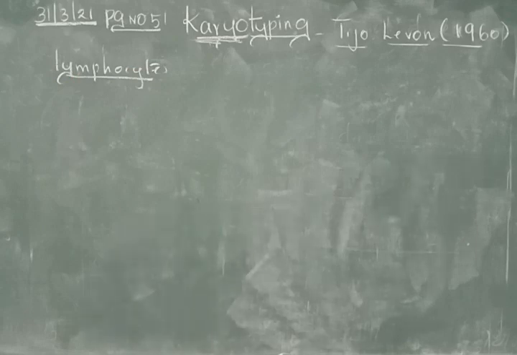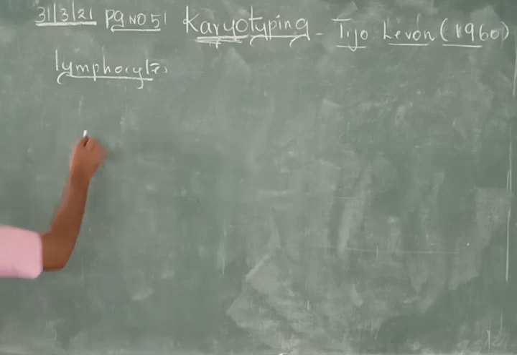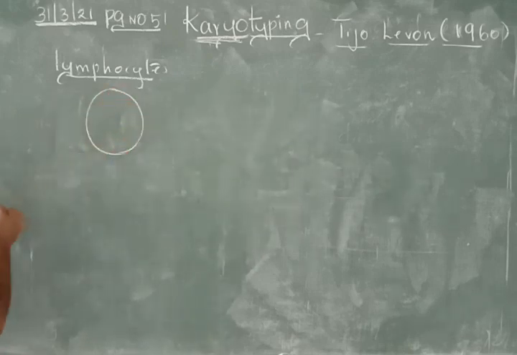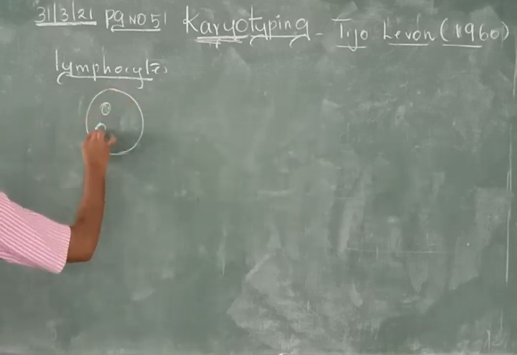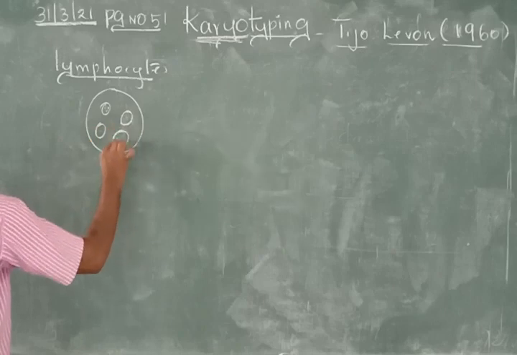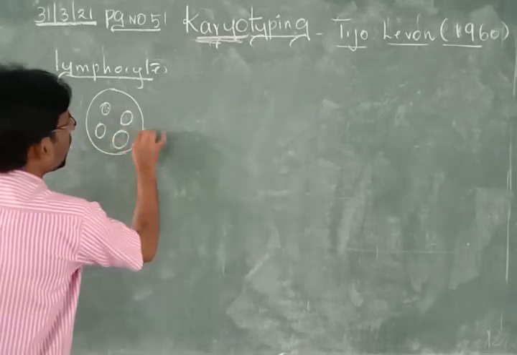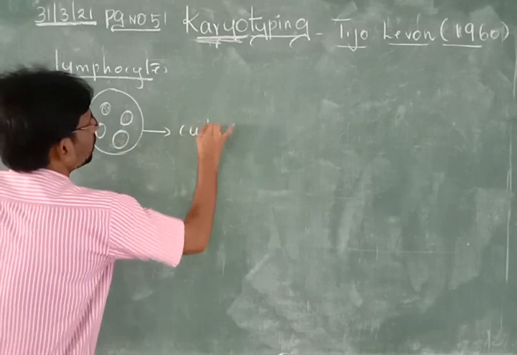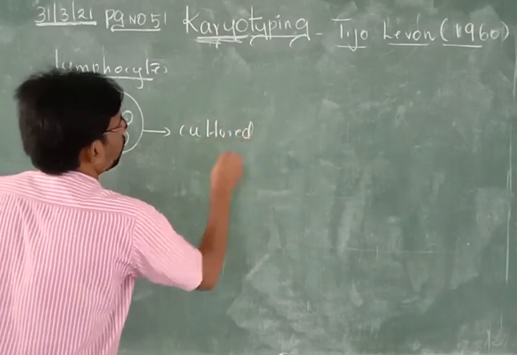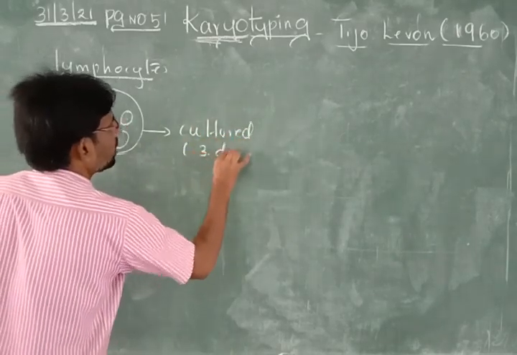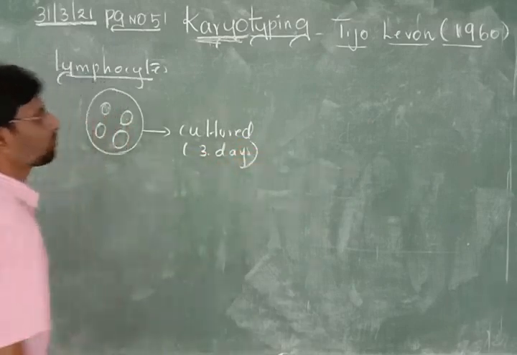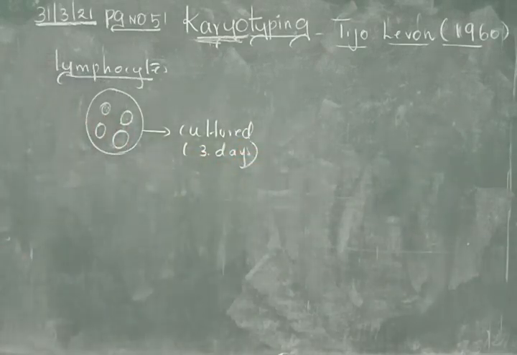So what they have done is, they have cultured this lymphocyte. For example, this is the lymphocyte of a human being. They have taken this lymphocyte from a human and cultured it for 3 full days in the laboratory, in a nutrition medium.